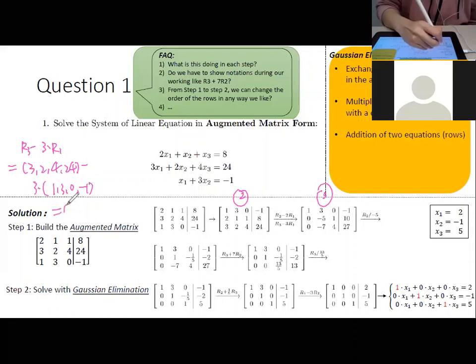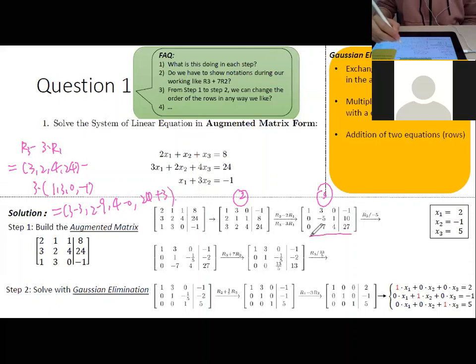And we can get 3 minus 3, 2 minus 9, 4 minus 0, and 24 add 3. Then we can get the new third row of the matrix 3.